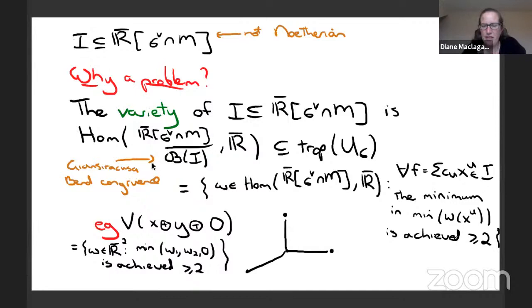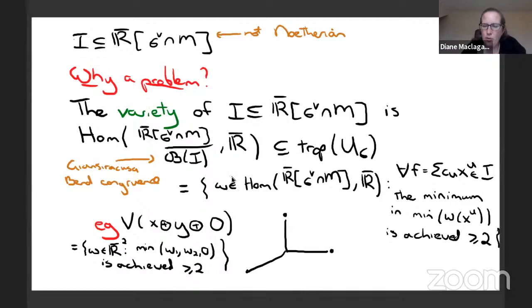I take this new semi-ring, which is the equivalent of the coordinate ring of my subscheme, and I map that into R bar. This should be a subset of trop U sigma, because trop U sigma was just the homomorphisms when I didn't quotient by anything. So I'm looking now at homomorphisms with a restricted condition.